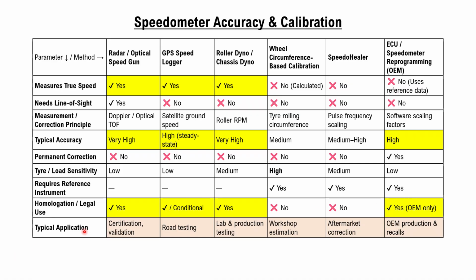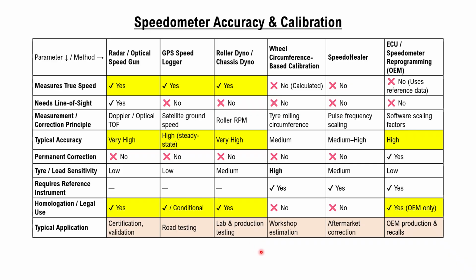The typical applications: radar and optical speed guns are typically used for certification validation. The GPS method is particularly suitable for road testing. Roller dynamometer is specially used for lab and production and new model testing.